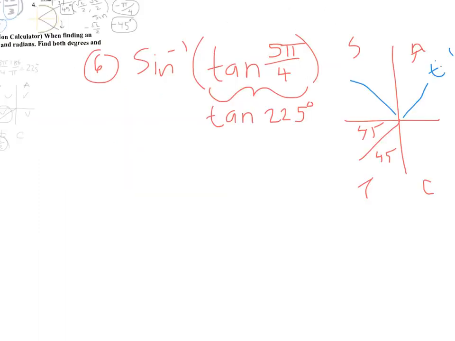Okay, so for the first step for number 6, I look for the inside. What's the tangent of 5 pi over 4? I'm given the angle 5 pi over 4, or 225 degrees, and I'm trying to find the tangent. Remember, for 30, 45, 60, our tangent values were root 3 over 3, 1, and root 3. So 45 degrees tangent is 1, right?